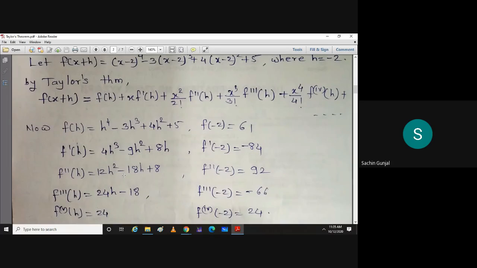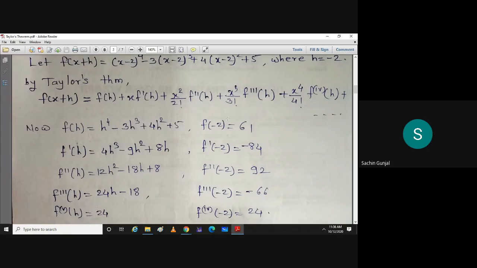Then the second derivative is 12h square minus 18h plus 8. Its value at minus 2 is 92. Then the third derivative is 24h minus 18, and its value at minus 2 is minus 66. And at the end, the fourth derivative is 24, and its value at minus 2 is also 24.